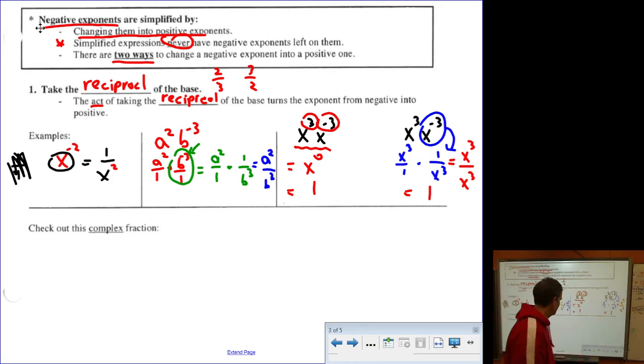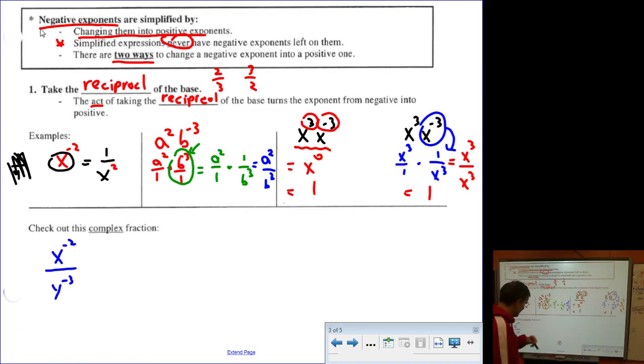I have one more example that I think we'll find interesting before we move on, and that is this. What if we had x to the negative second over y to the negative third? And I wanted to simplify this. Well, the first thing I would want to do is turn those negative exponents positive by taking their reciprocal.